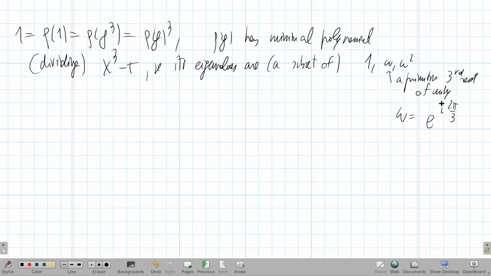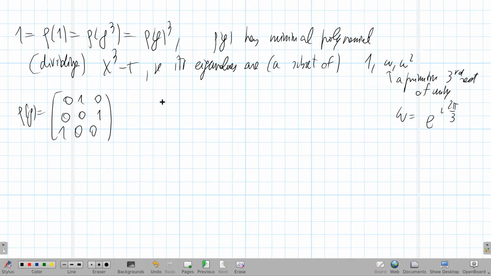And then I should check that in fact the matrix that I will repeat here has exactly these 3 eigenvalues, and we can find this with the standard methods of linear algebra. I'll do it by hand, okay? First of all, we should check that all eigenvalues appear, and we should find the eigenvectors.